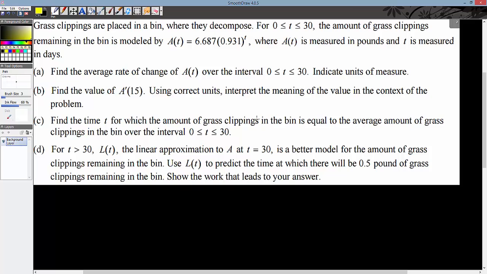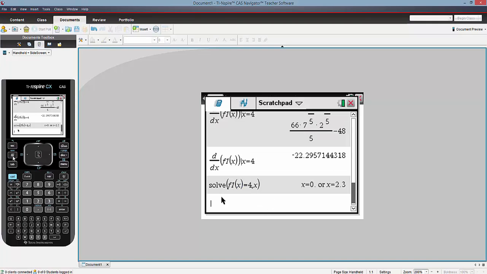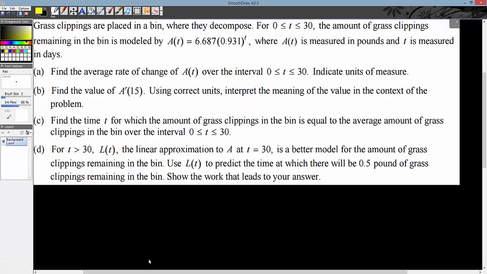From 0 to 30, well, the average rate of change is found by getting the slope of the line. Now, I have found out how to get more decimals into the graph, so it's all good. Okay, cool. So average rate of change is really just slope of the line, from Algebra 1.